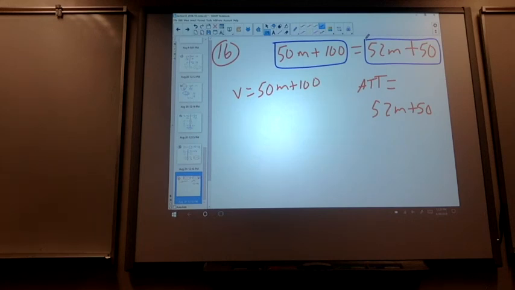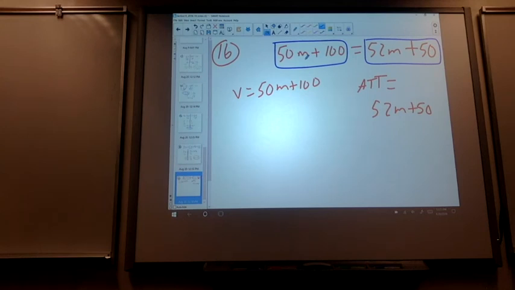So if you truly knew that you're between these two companies, and let's say these two companies were offering the same data rates, same speeds, and the exact same phone. One of them says you give me $100 and I charge you $50 a month, and the other says you give me $50 and I'll charge you $52 a month.